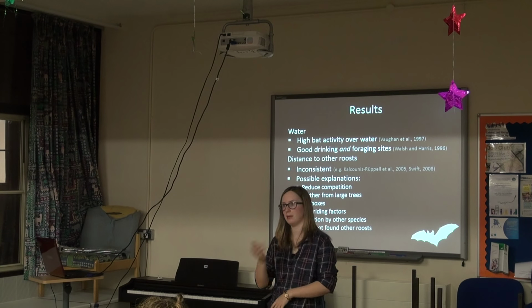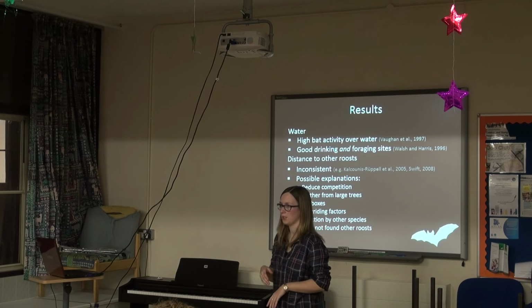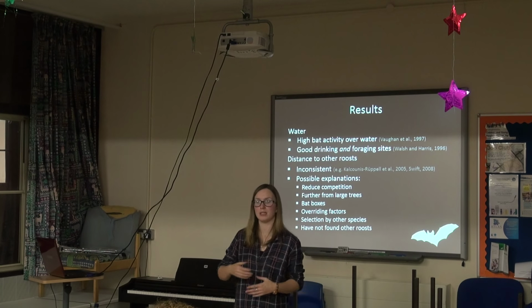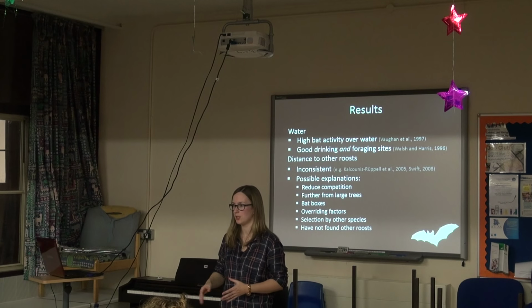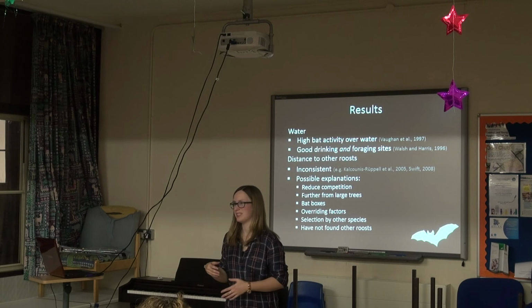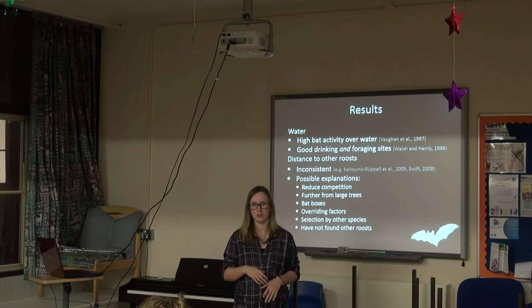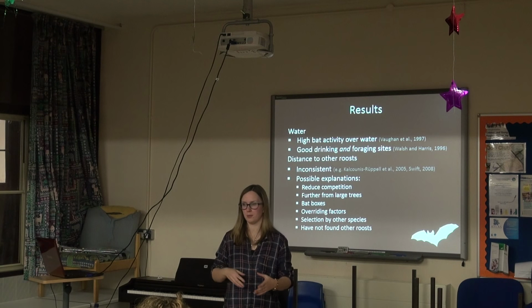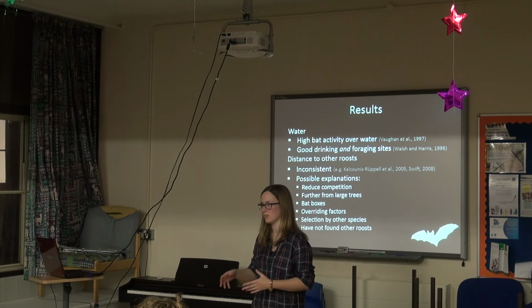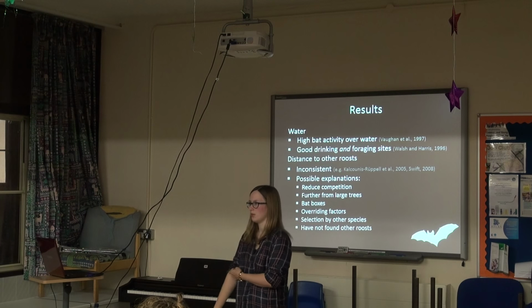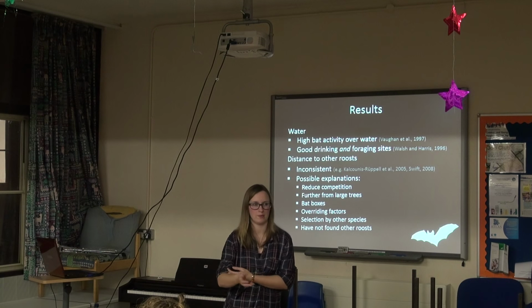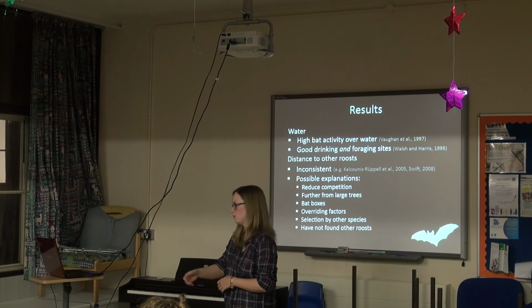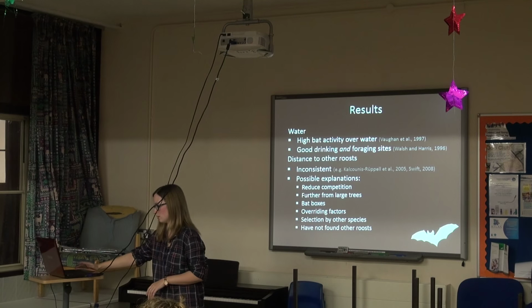So I thought, well, maybe they don't want to be by these large trees, because other studies have found they like to have easy access to their roosts, so put a big tree in the way, that's not very good. But actually that didn't make much sense either, because we didn't really find any correlations with the tree variables and nearby distances in that sense. And also, although the roosts were quite nearby, they didn't seem to be nearby enough that they have a massive influence on the access to their roosts.